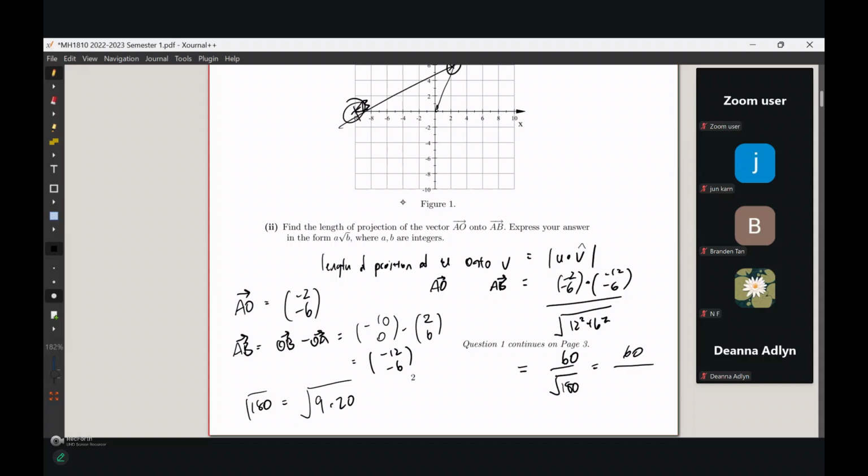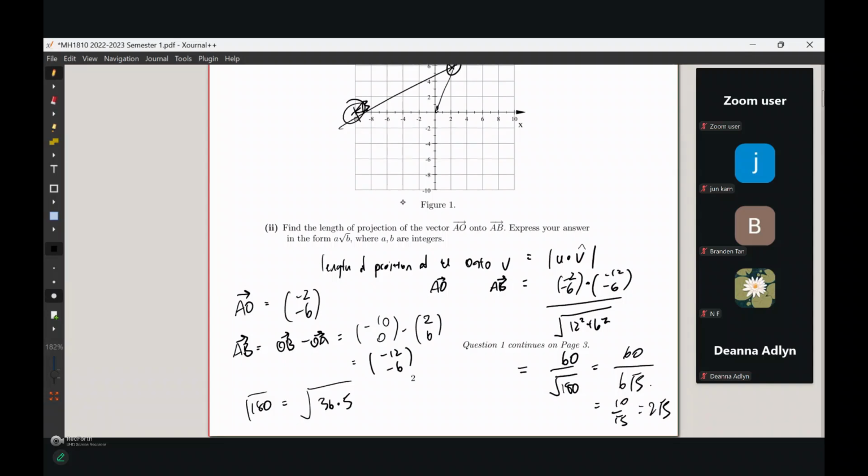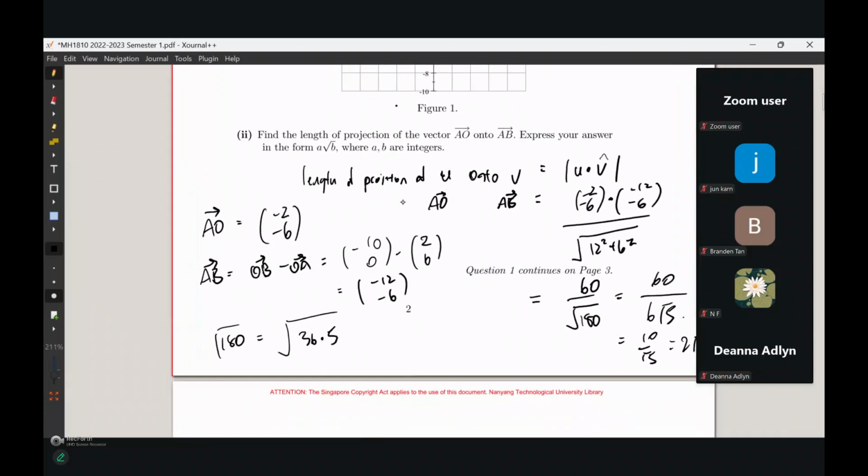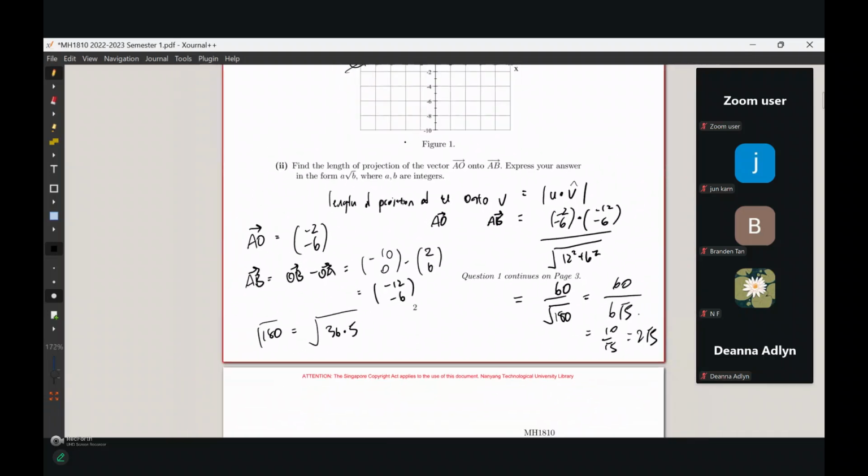We can factorize it: 36 times 5. So this is 6 square root 5. And so this is 10 over square root 5, which is 2 square root 5. Okay, so that's for part 2. You need to express this in A square root B form.